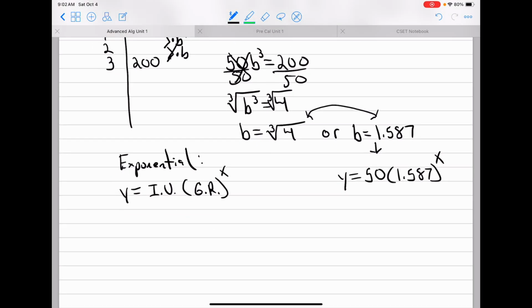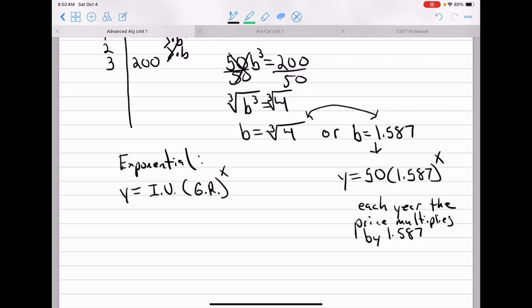Right? So this means that each year, the price multiplies by 1.587. That's what this one says.